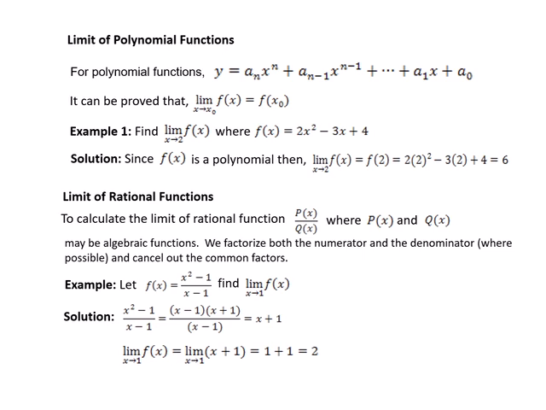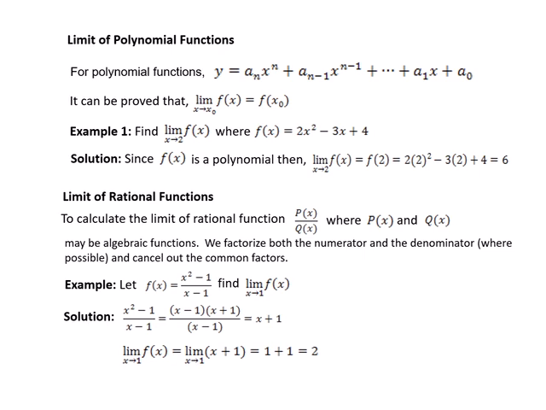You see that this is a polynomial function, so it can be proved that limit f of s as s tends to s naught is equal to f of s naught. For example, find limit f of s as s approaches 2, where f of s is equal to 2s squared minus 3s plus 4.